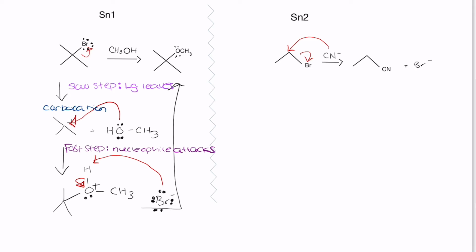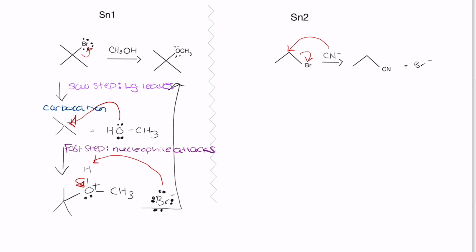And carbocations are very reactive because they're positively charged. And the carbon only has 3 bonds, so it's missing a bond, and that makes it very unstable and very reactive. So carbocations are very reactive, and so they react very quickly. That's why this is a fast step.